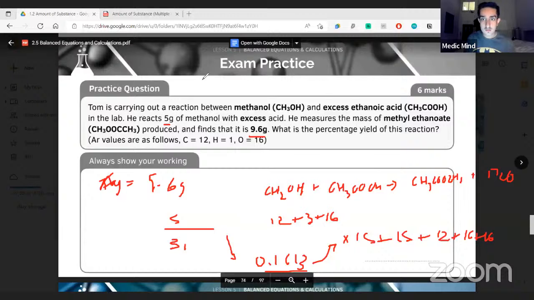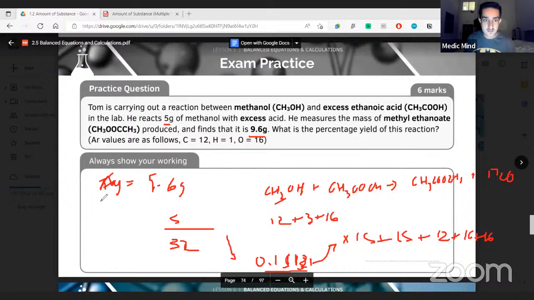Got a question here. Isn't it 32? Because 12 plus 3 plus 16 plus 1. You're right, it's 32. So that slightly changes it. 5 over 32 is 0.15625. And then multiply that by the MR of methyl ethanoate, 12 plus 3 plus 16 plus 16 plus 12 plus 3.